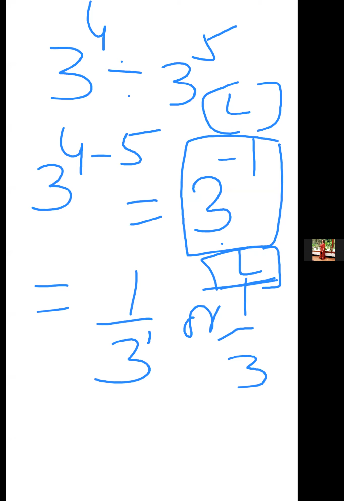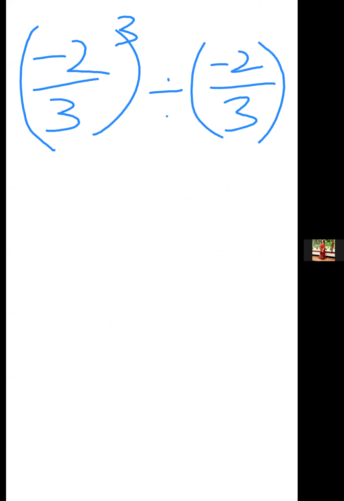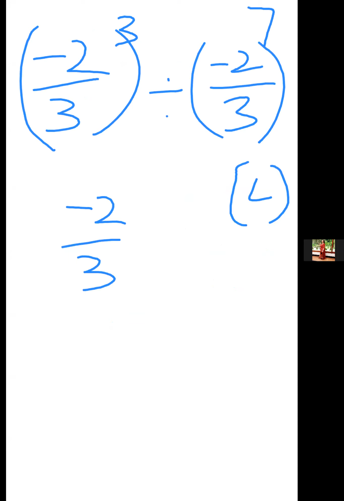Now see in the fraction. If I write 2 upon 3 raised to power 3 divided by minus 2 upon 3 raised to power 7. Again in division, bases are same, powers are subtracted. You have to write the law. Minus 2 upon 3 raised to power 3 minus 7.